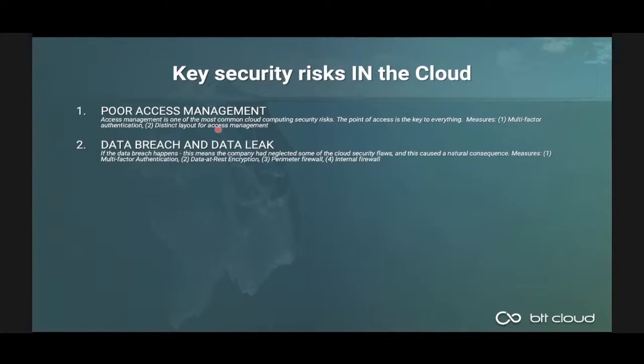Data encryption, so that even if somebody hacks into our system and copies all our database, if the data is encrypted, we will have no harm. Yeah, if the data is leaked but encrypted, it will not be any harm for our users, for our sensitive data, etc. Perimeter firewall.